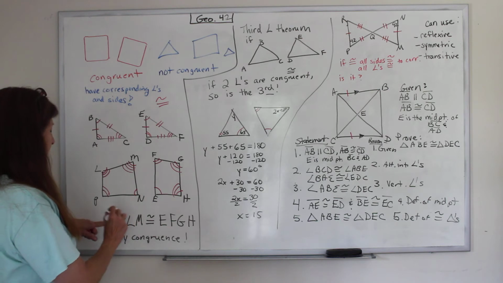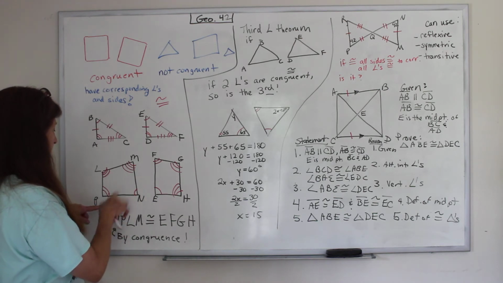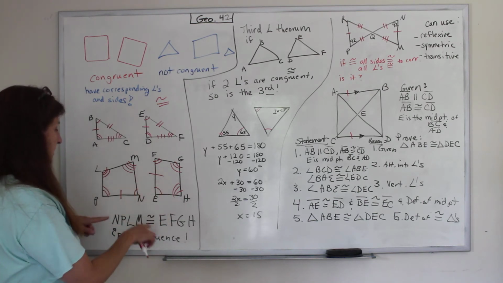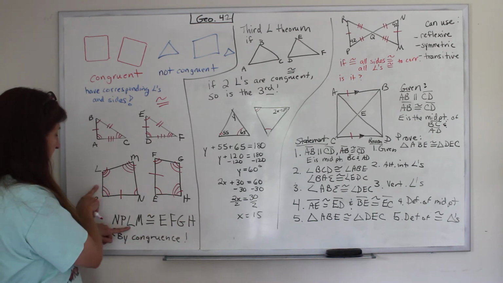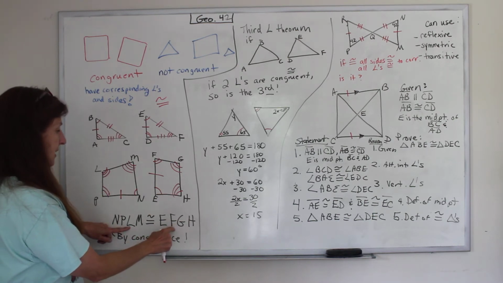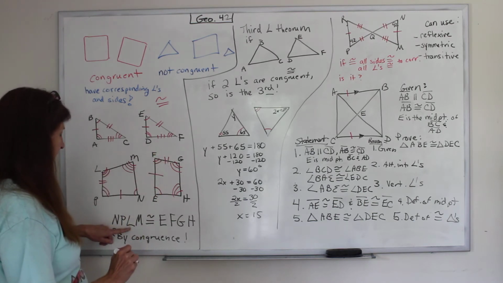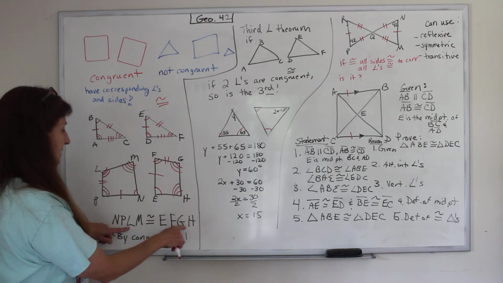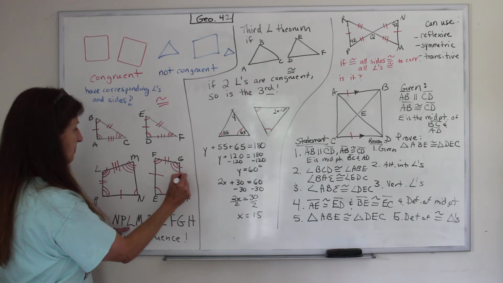It also means that line NP is the same as line EF because those were written first. Then PL is the same as FG. Then LM is the same as GH.